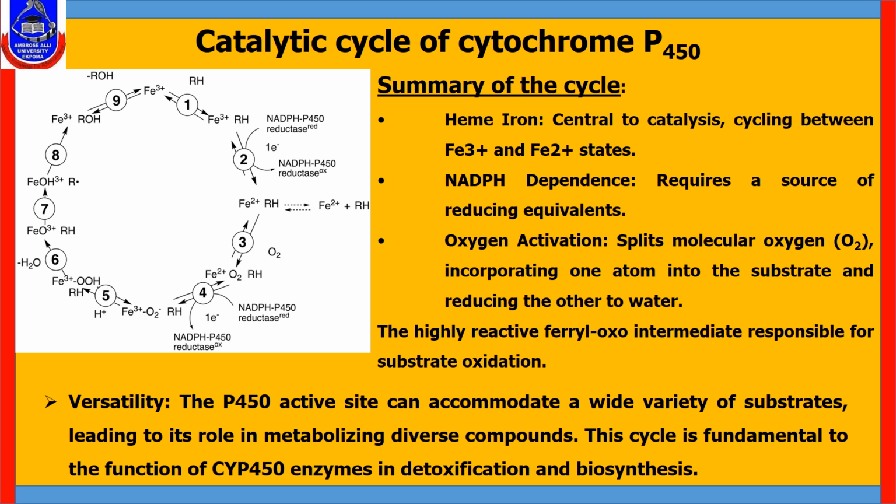Now, the summary of this reaction: we can see that the heme iron is central to catalysis, cycling between iron 2 and iron 3. NADPH is required as a source of reducing equivalents.